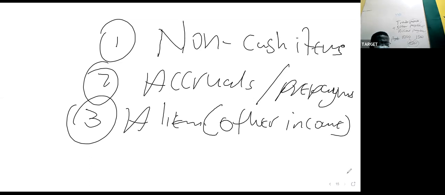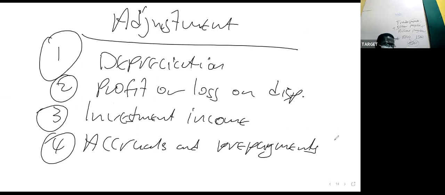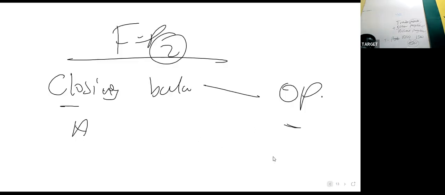If you check all these four items I've given you, they are made up of the three: this is the alien, this is the non-cash item, and this is accruals and prepayment. I cannot list all of them for you, but I can give you the principle behind it. So the first adjustment is depreciation, and every examiner will give you depreciation.